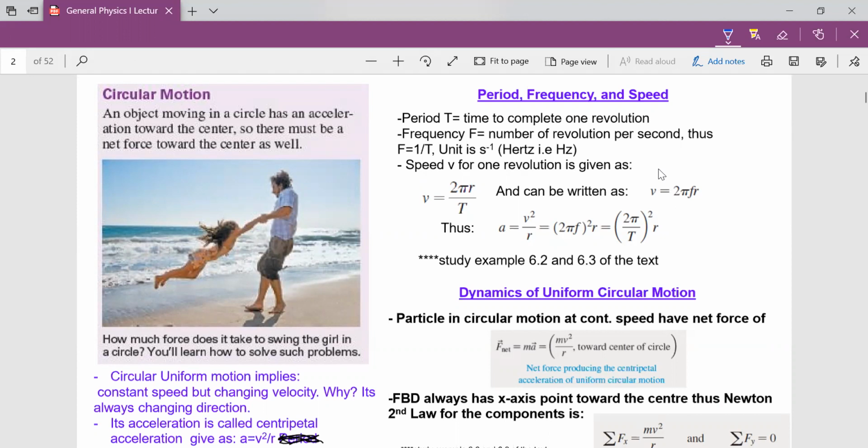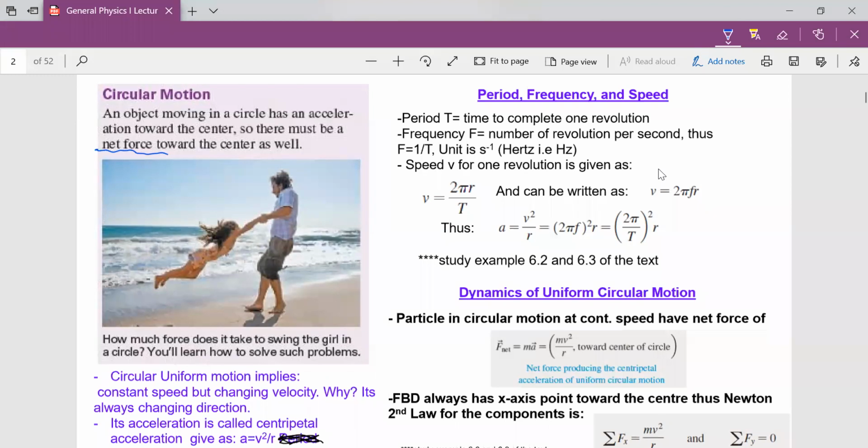And worthy of note is the net force of that kind of setting. The net force must also be in the same direction as the acceleration, that is towards the center. So we'll have the acceleration directed towards the center, and we'll also have the net force directed towards the center.